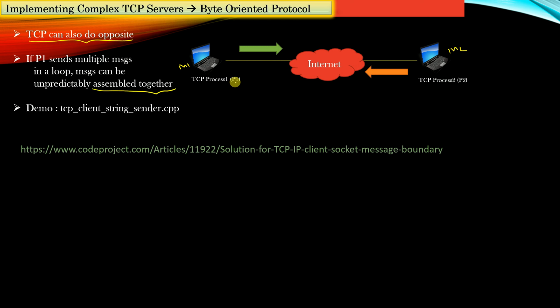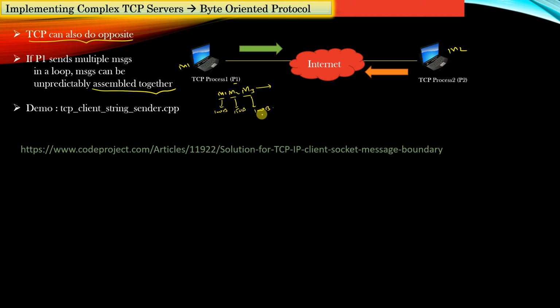So let's say that the process P1 sends the messages M1, M2, M3. They are individual messages. Let's say this message is 100 bytes long, this message is 150 bytes long, and this message is again 100 bytes long.